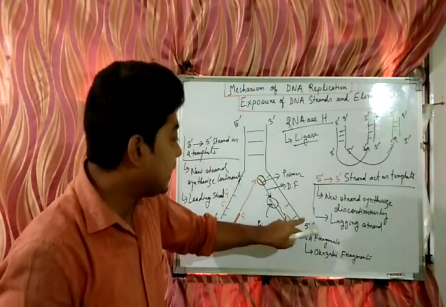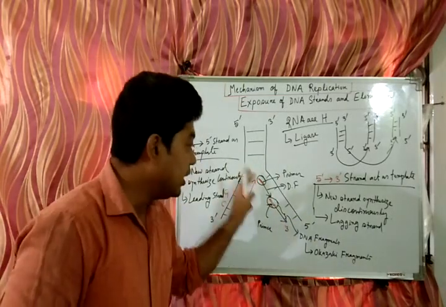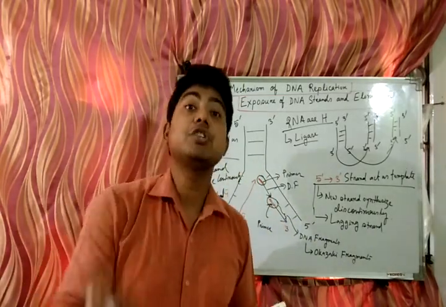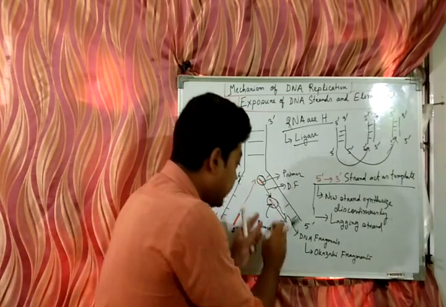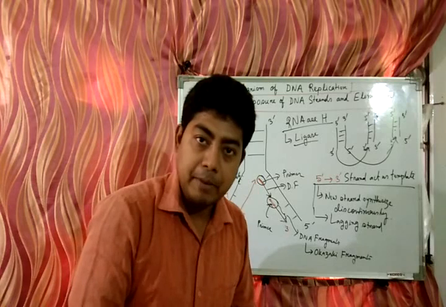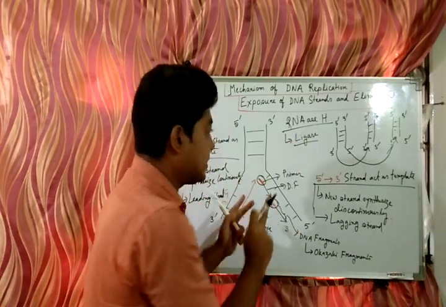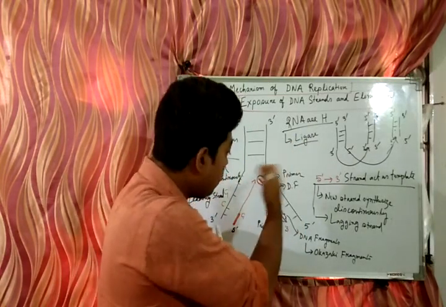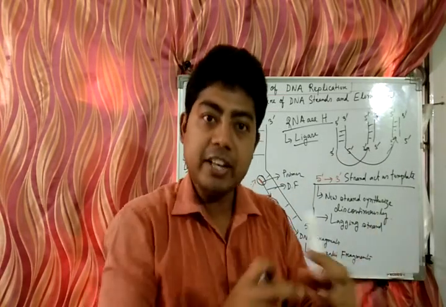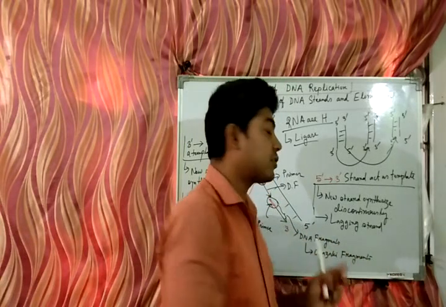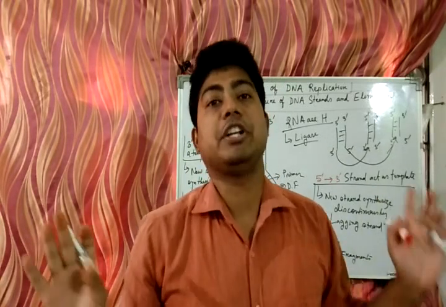But when the 5 to 3 strand is the template, the new strand is synthesized discontinuously. When they are released from the replication machinery, with the help of the enzyme RNase H, the primers are removed, and finally ligase enzyme joins these fragments, and this discontinuous strand also becomes continuous.